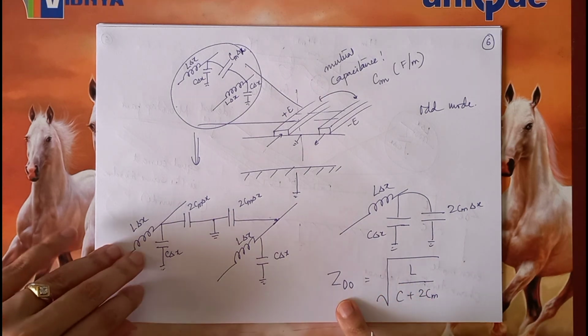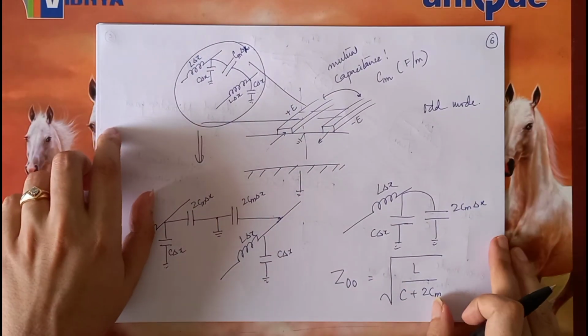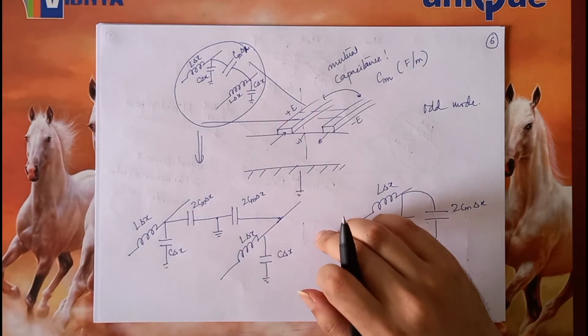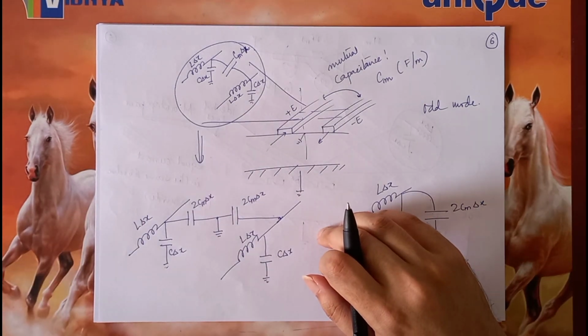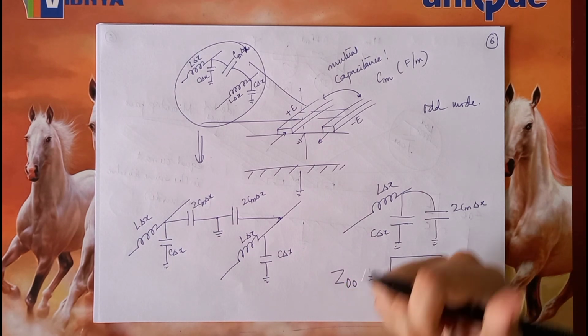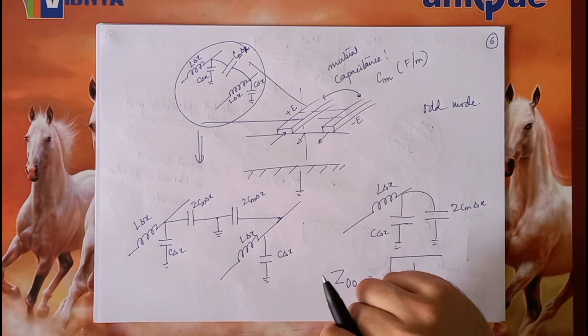So what did we notice? We have a Z0E and a Z0O. In the case of closely spaced conductors, we can have two kinds of impedances. One is the even mode characteristic impedance, the other is the odd mode characteristic impedance.